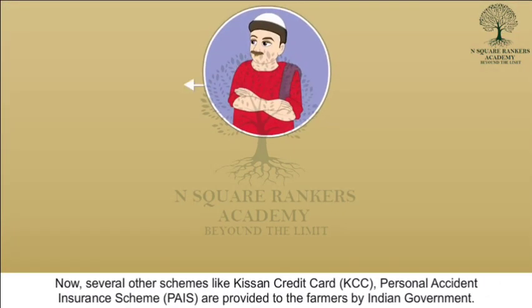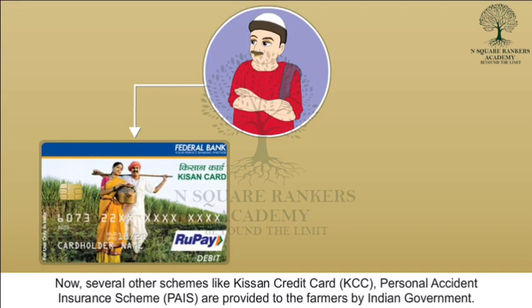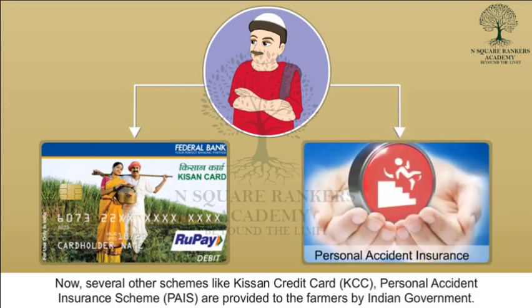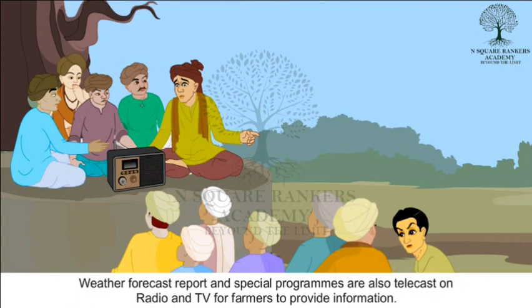Now several other schemes like Kisan Credit Card or KCC and Personal Accident Insurance Scheme or PAIS are provided to the farmers by the Indian government. Weather forecast reports and special programs are also telecast on radio and TV for farmers to provide information.